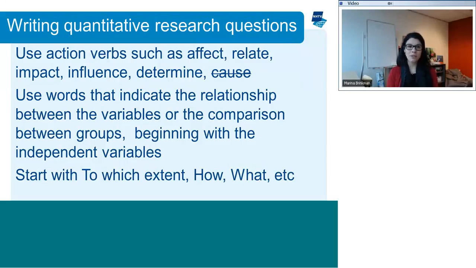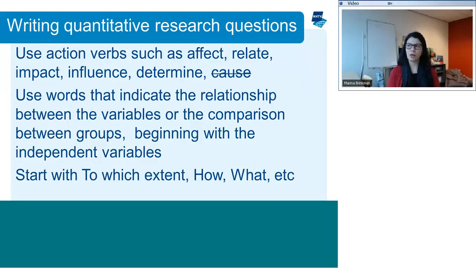Well, quite the opposite to qualitative studies. In this project, you will have to use affect, relate, impact, influence, determine, not cause. I took cause away for the very simple reason that in the type of projects that you're dealing with, causation, I believe, is almost impossible. When you study relationships, you study correlations.